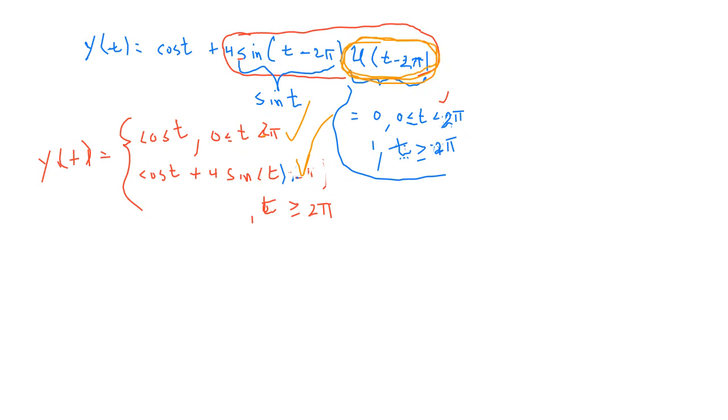That's why you have that split at t equals 2 pi. Yes, y of t equals cosine of t when t is greater than or equal to 0, oh, sorry, and less than 2 pi. That's correct. That's right.